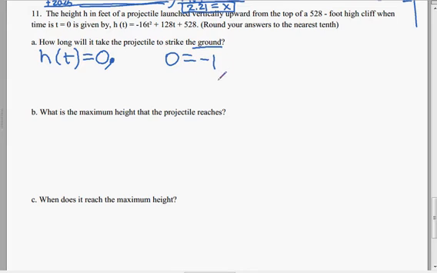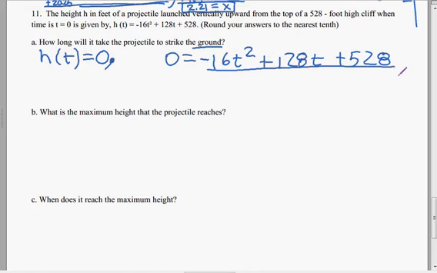So 0 equals -16t squared plus 128t plus 528. First of all, to make my life easier, I'm going to divide by -16. I divide both sides. 0 divided by -16 is still 0.